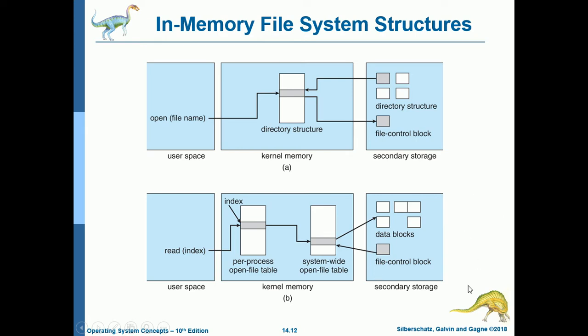So the difference between the two is that opening a file only needs the directory structure in kernel memory, while reading a file needs the per process open file table and the system wide open file table, which is also located in kernel memory.